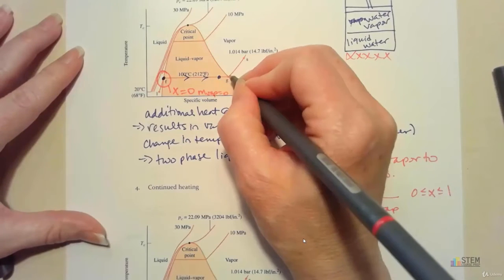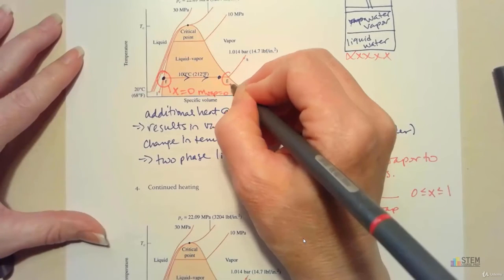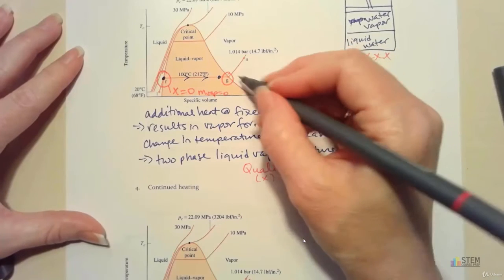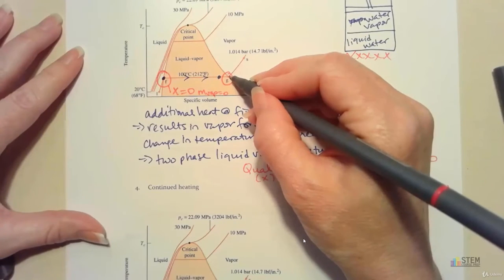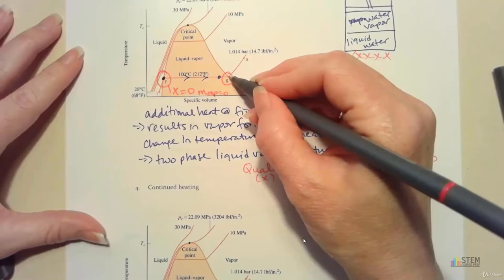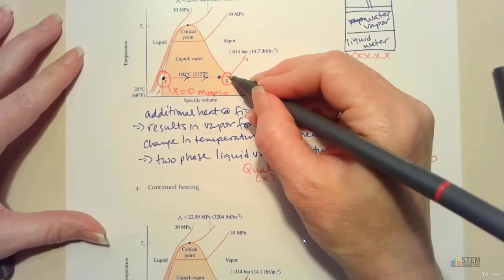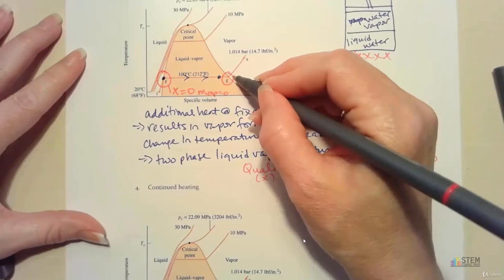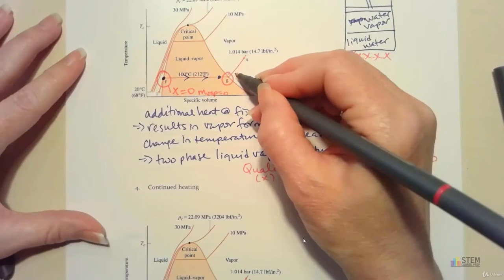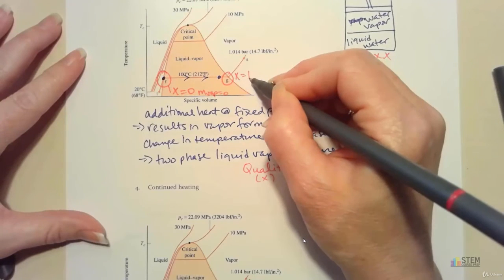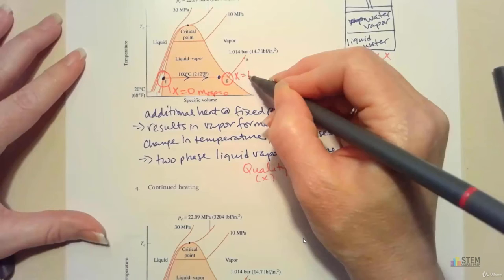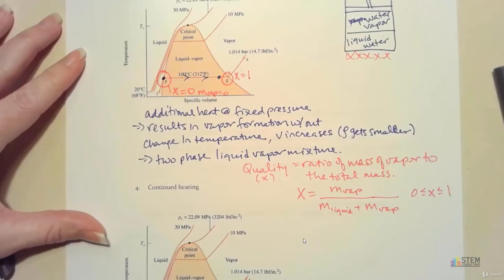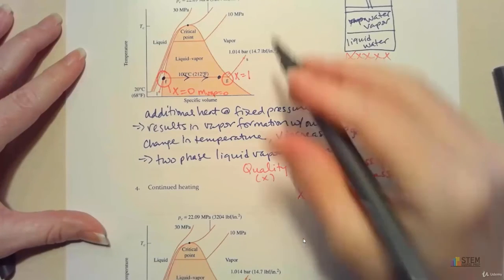Now over at this point G, which we're going to talk about more when we get down here, this point is at the end of this liquid vapor dome. So at this point, this is where we have all vapor. Here, X, or your quality, is going to be 1. So the vapor mass is 100%.